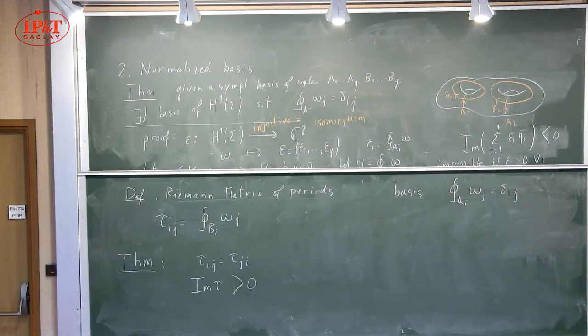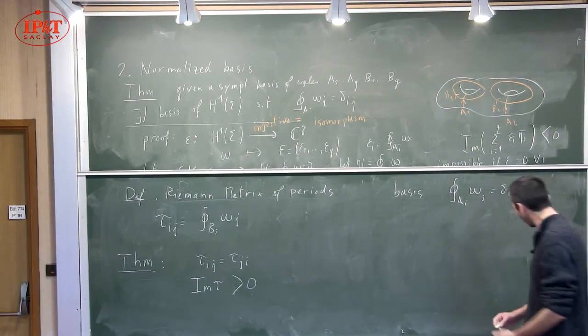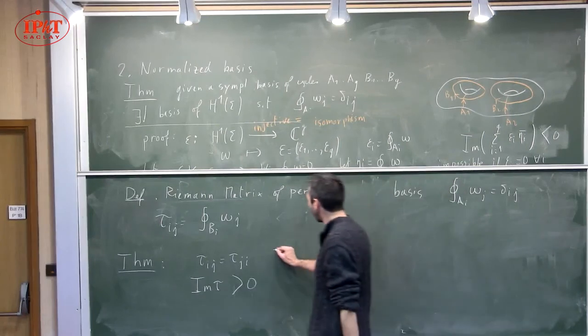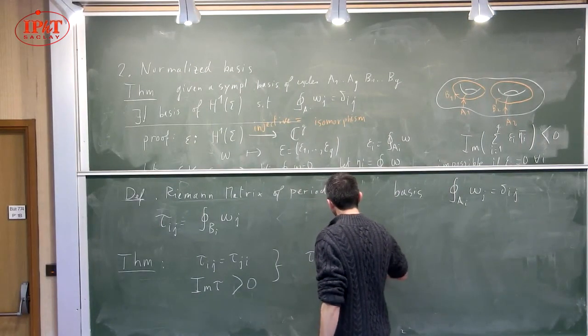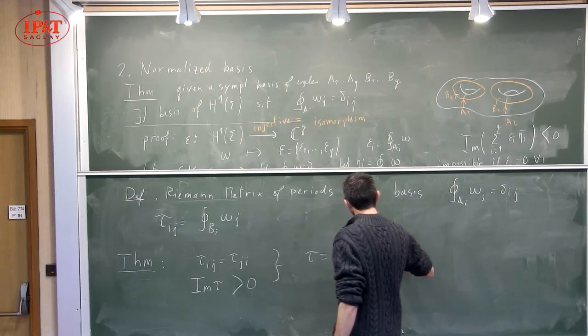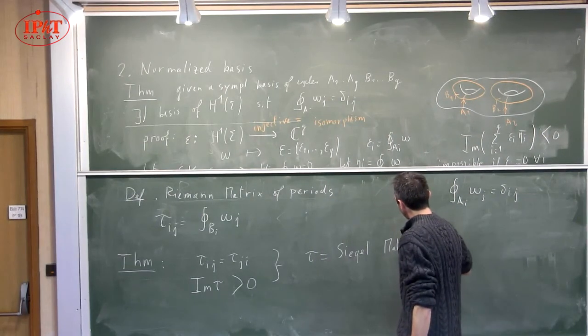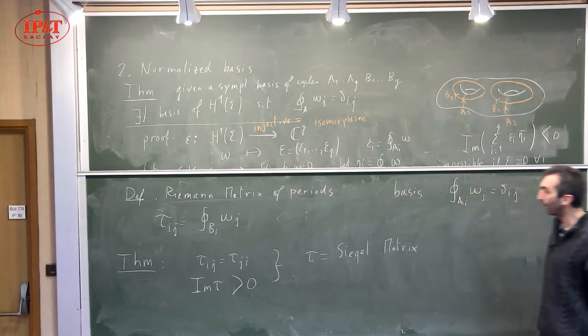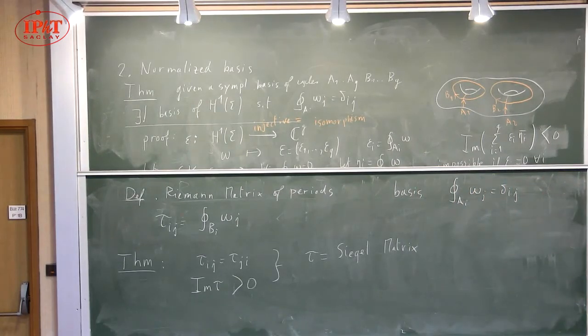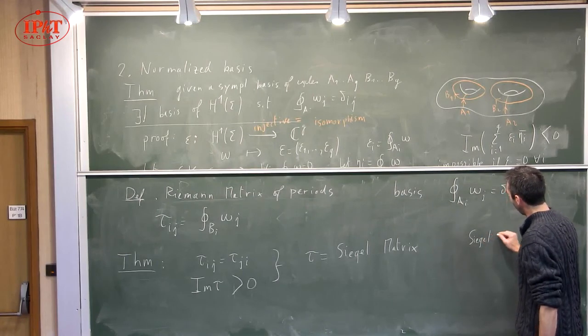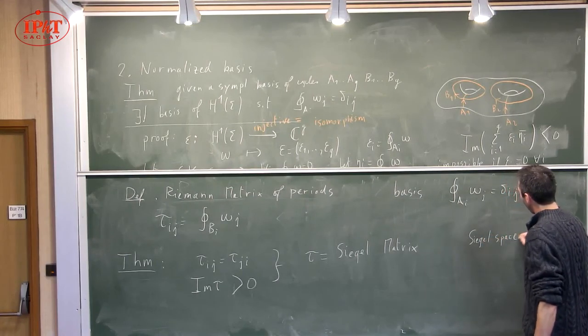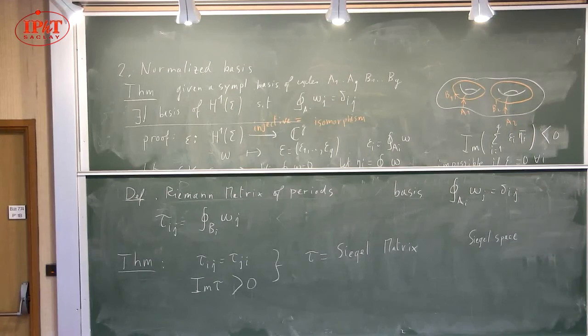So the matrix is symmetric and its imaginary part is positive definite, and those two properties together mean that tau is a Siegel matrix. The Siegel space is the space of all complex symmetric matrices whose imaginary part is positive definite.